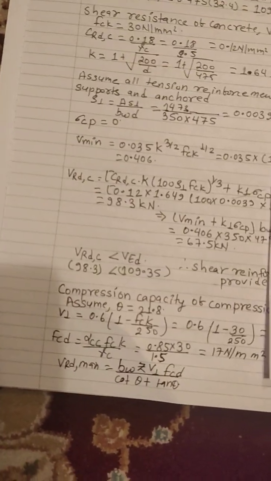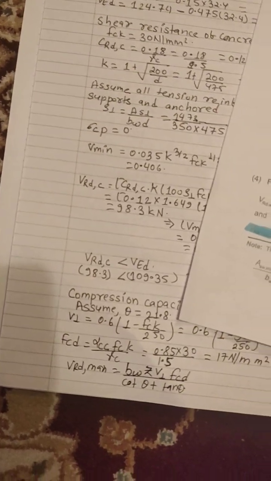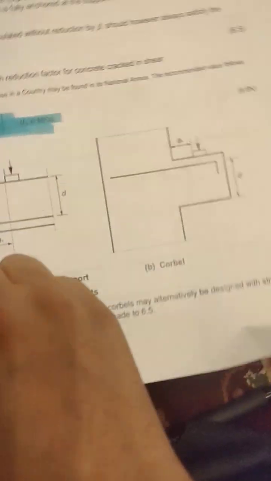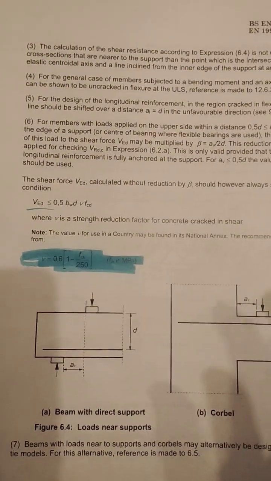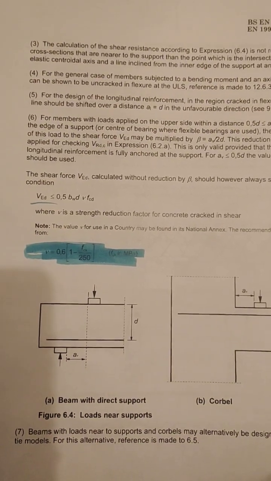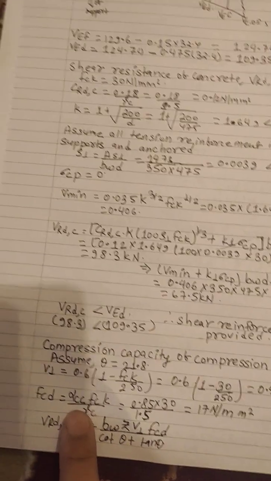From the Eurocode, here we get the P1 means concrete, P1 1 by X, we get this P1, and we calculate FCD. We calculate from that FCD is alpha C, we get it.